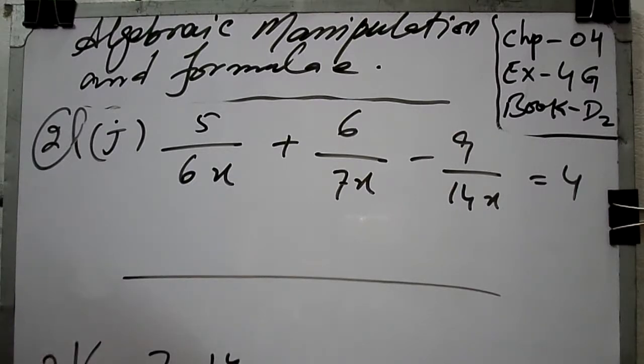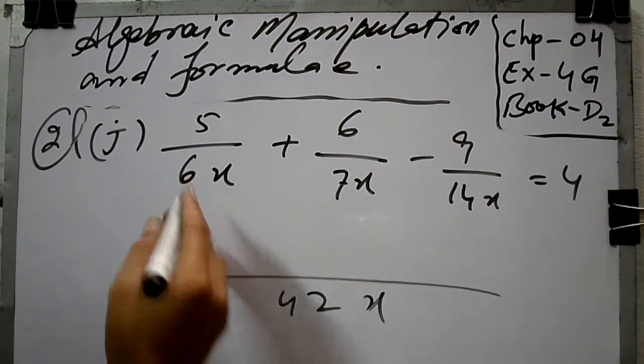Okay, divided by 7. So 2, 3 2s are, so 3. So 3 2s are 6, 6 7s are 42. So 42 is your LCM, 42x.